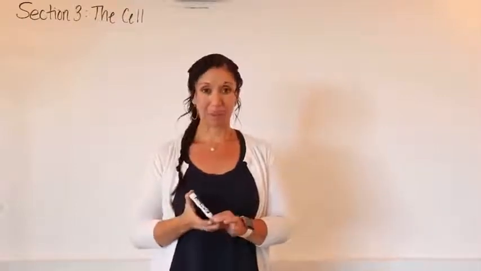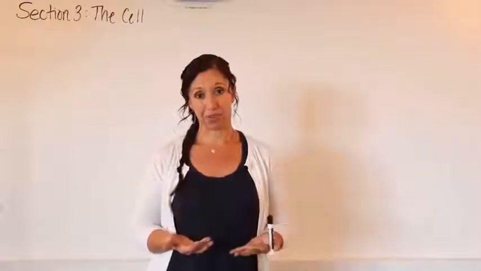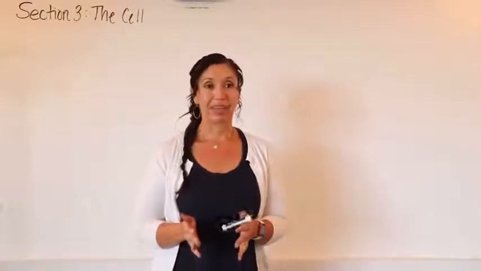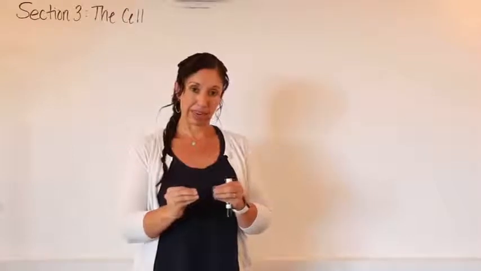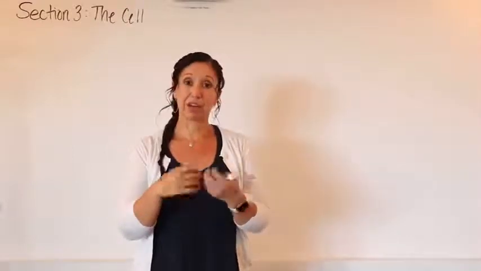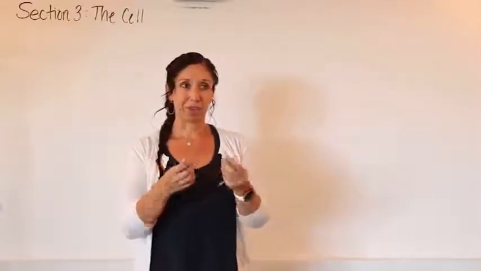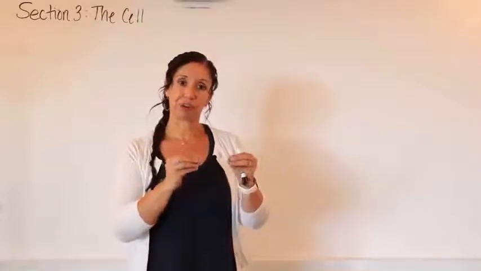And I'll even probably put some pictures from a fluorescent microscope. That's another type of microscope that uses fluorescent dyes. If you shine it with a specific wavelength of light, it allows these dyes on the specimen to glow, and you can see the location of certain things that you're trying to locate in a cell.